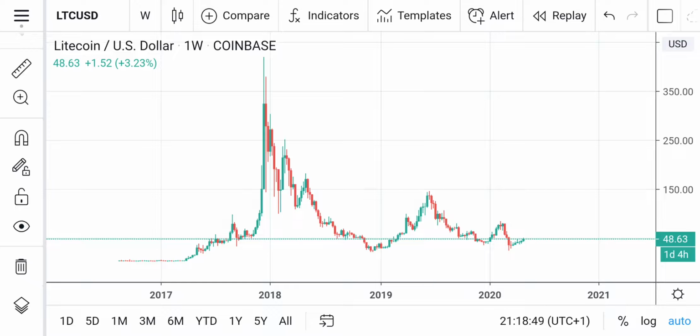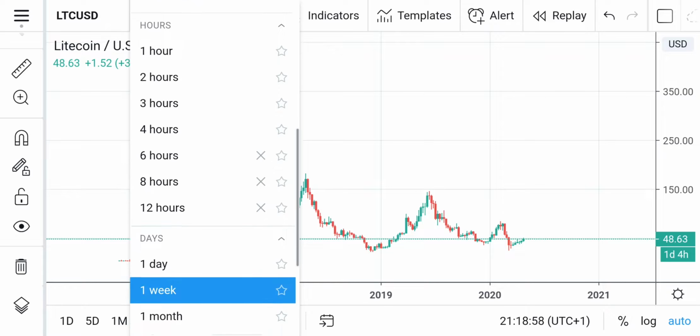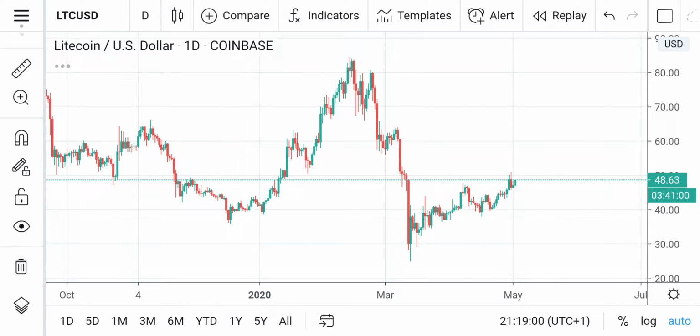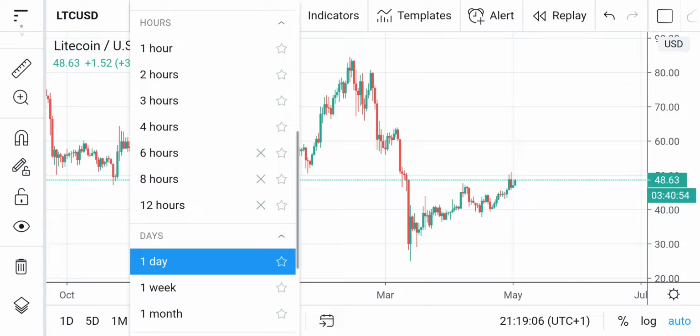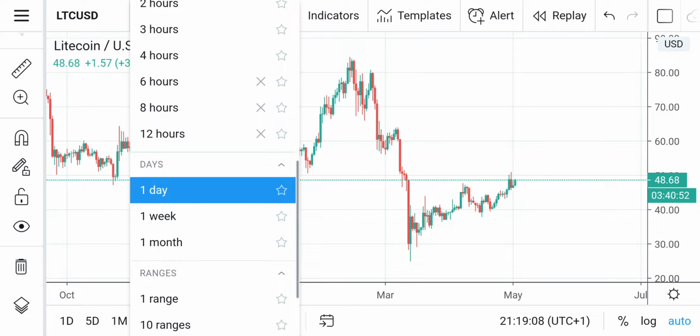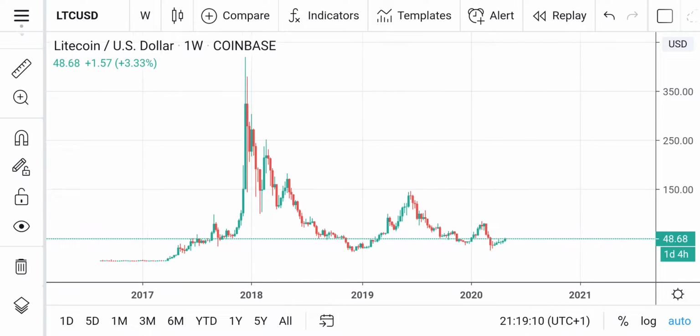First of all, the time frame where I start my analysis is the daily time frame, but in order to get my trend bias, I also need to reference the weekly time frame.